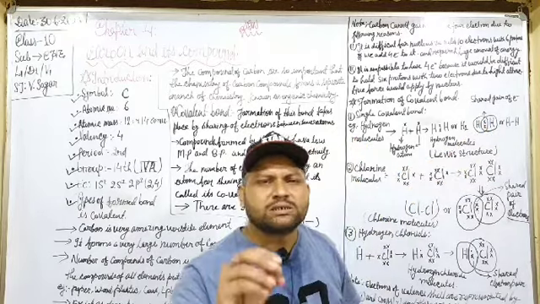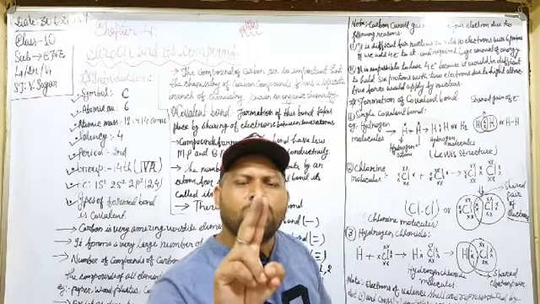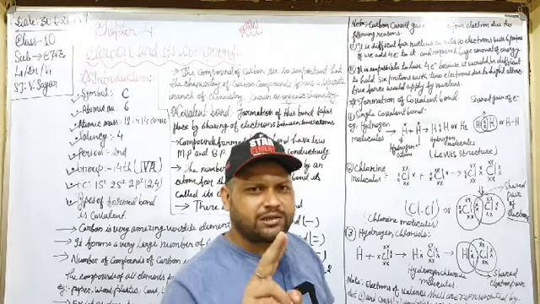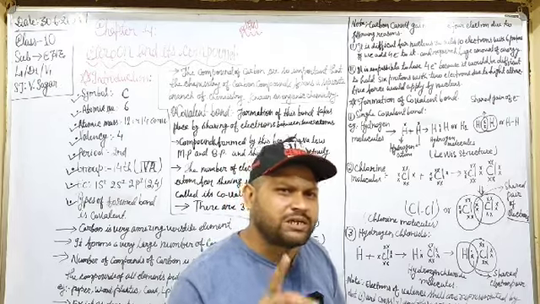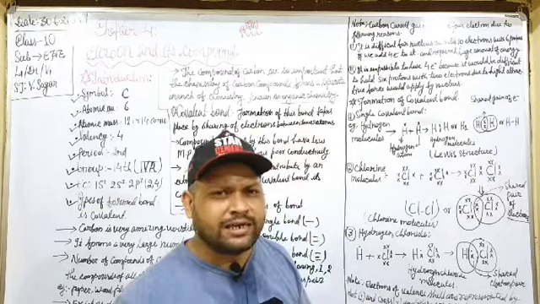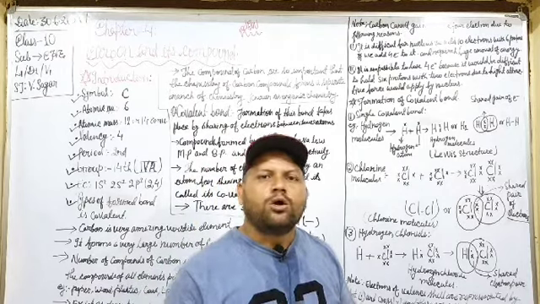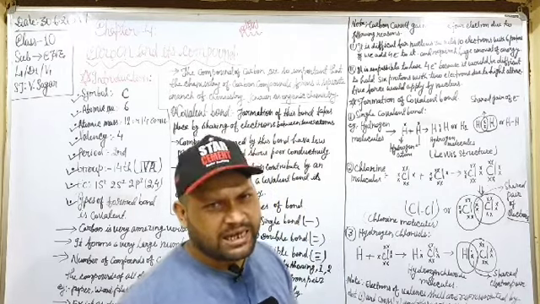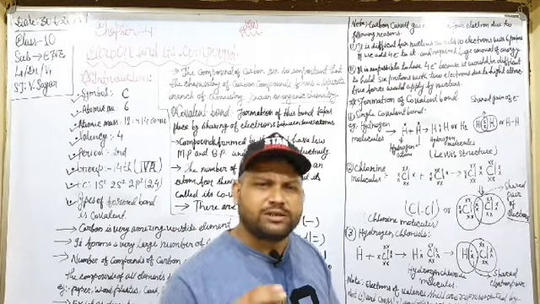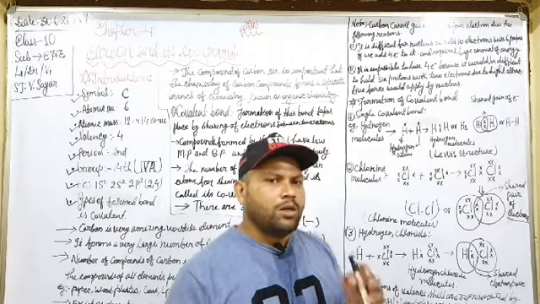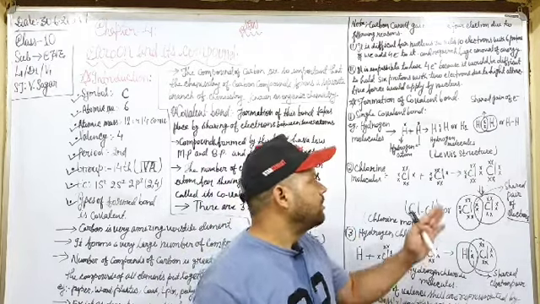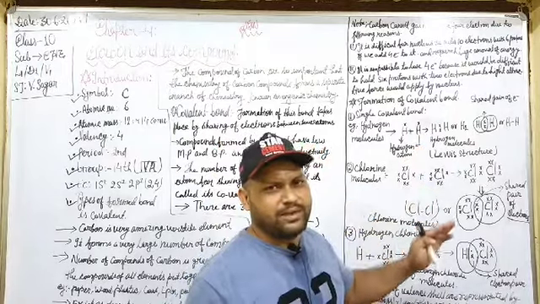In the first shell, two electrons are required to complete its octet. There are two conditions to be stable: either the first orbit of an element contains two electrons only, or the last orbit contains 8 electrons. Then it is called a complete or stable element, or noble element.